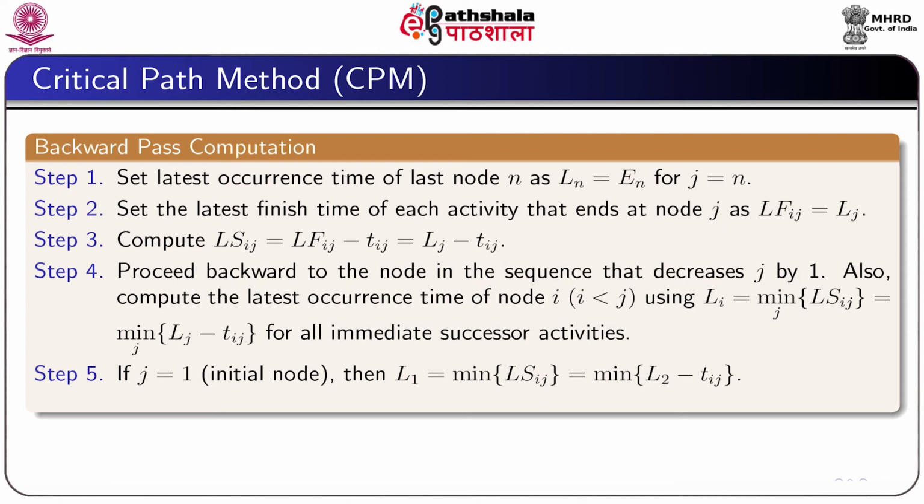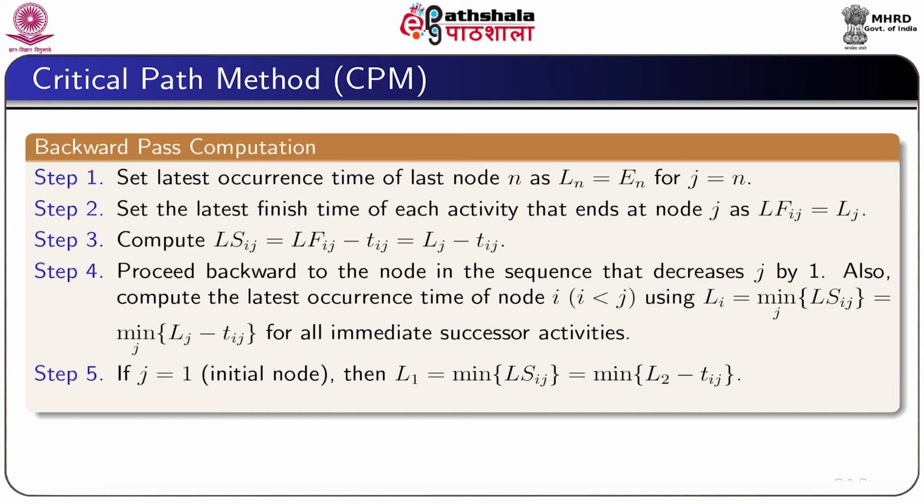Then proceed backward to the node in the sequence that decreases j by 1, and also compute the latest occurrence time of node i, where i is less than j, by using the formula Li equal to minimum over j of LSij, which is equal to minimum over j of Lj minus Tij for all immediate successor activities.